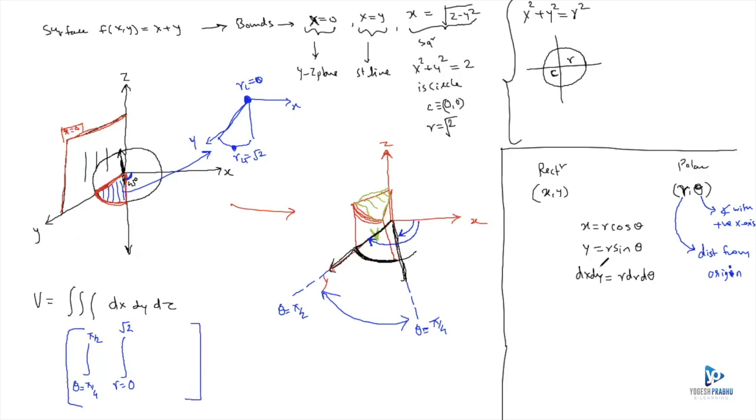What is the value of dx dy? R dr d theta. Look, this part is sorted. The only thing that I don't know is dz. So I'll worry about that later.